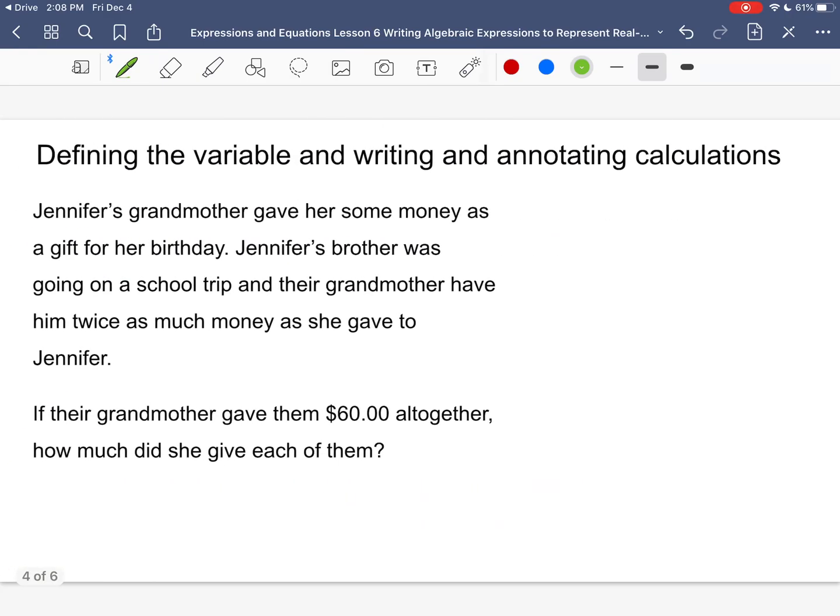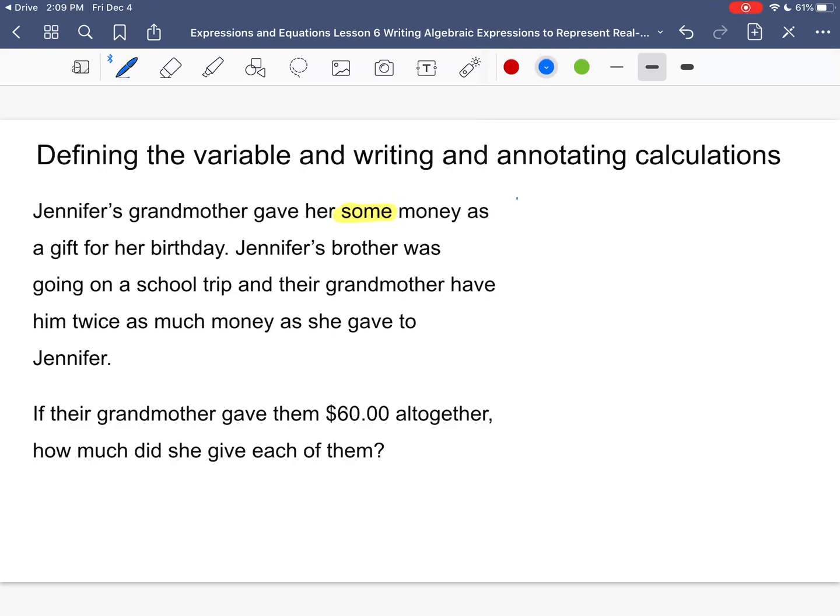Let's look at another example. Here, the variable is not defined. Jennifer's grandmother gave her some money for her birthday. Her brother was going on a school trip and their grandmother gave him twice as much money as she gave to Jennifer. So let's write expressions first to represent how much each child got from their grandmother.